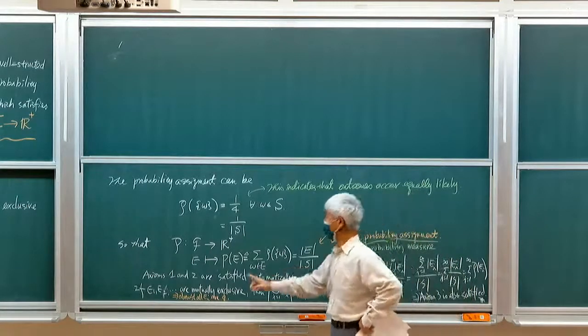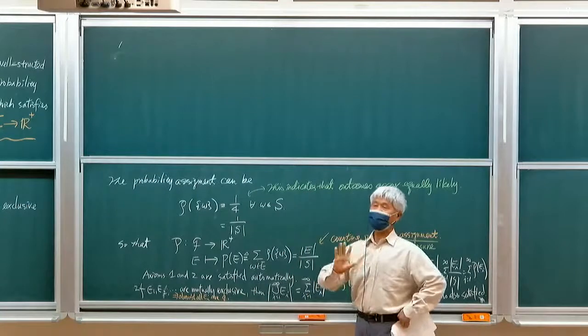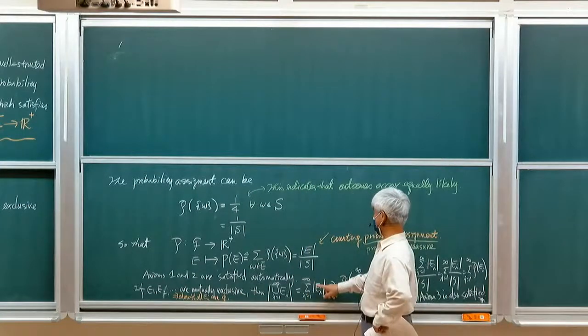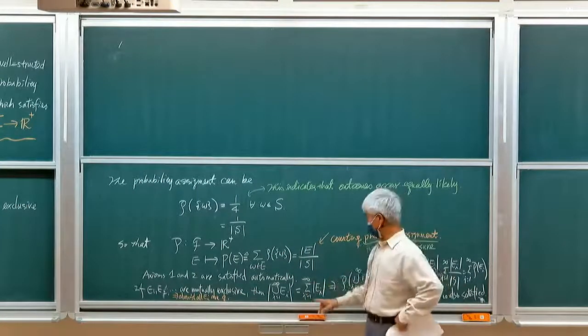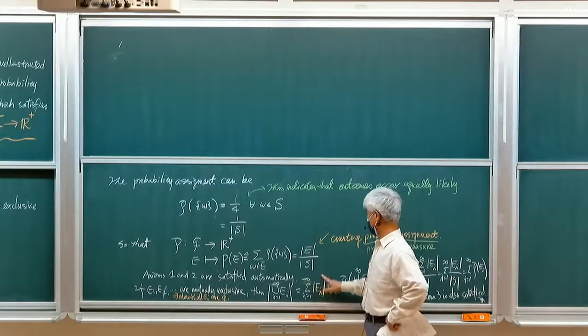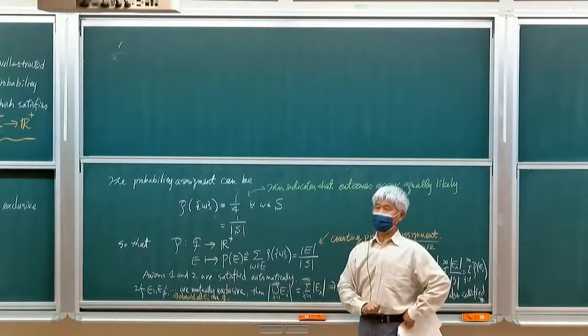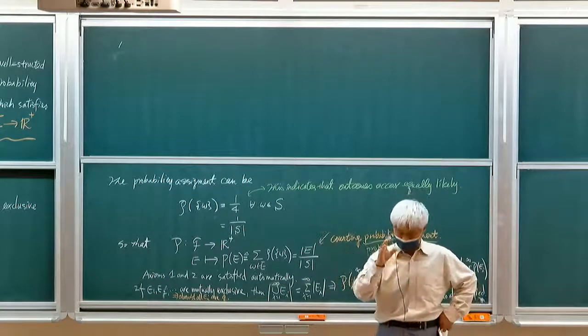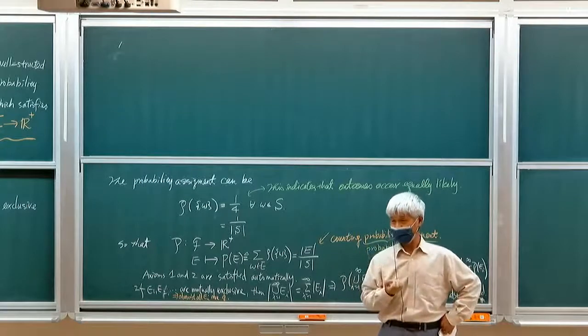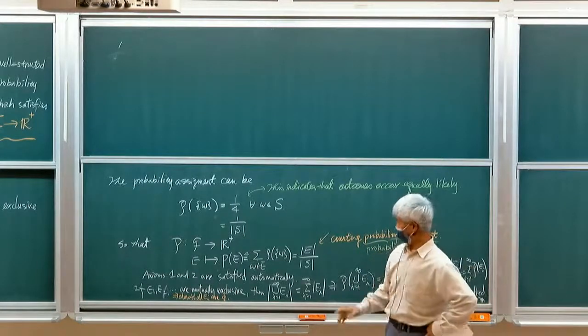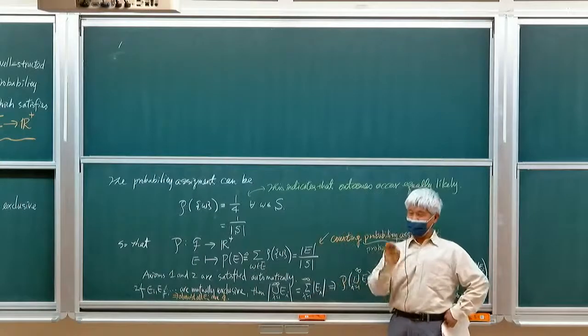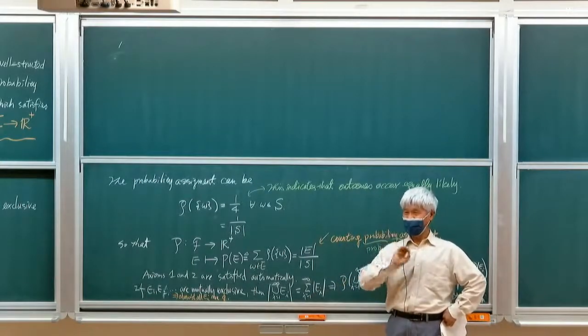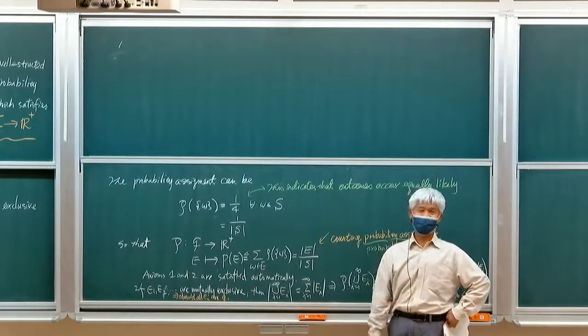But if almost all E_i are empty, we don't worry about that, because except for a finite number of E_i, this size is all zeros. So when you add 0, 0, 0, no matter how many zeros you add, it is always 0. So this is because of some mathematical rigor. Good question. Other questions?